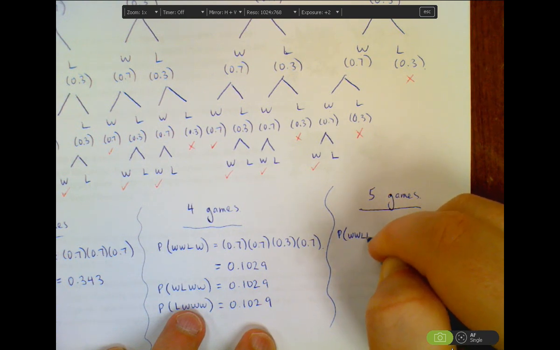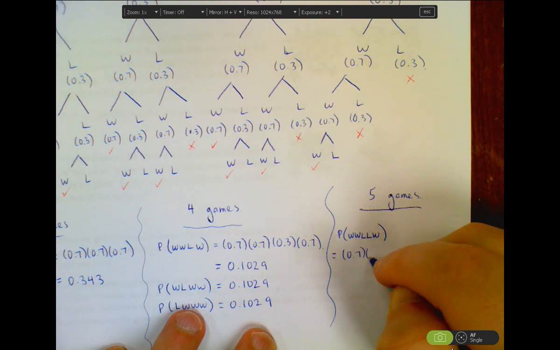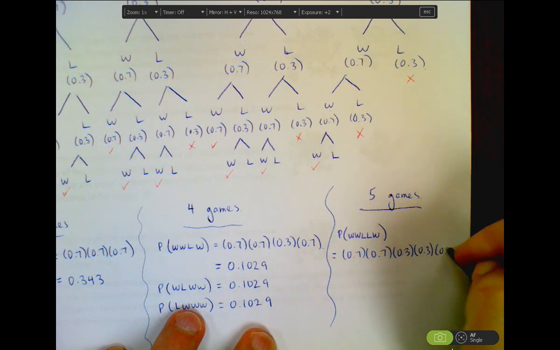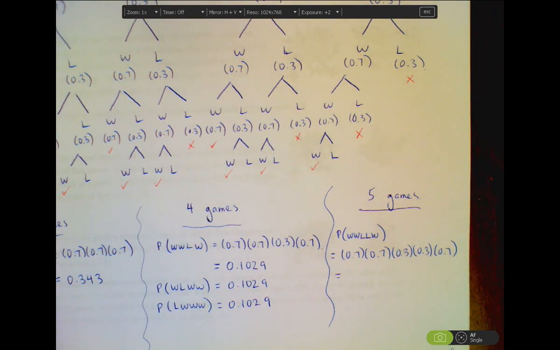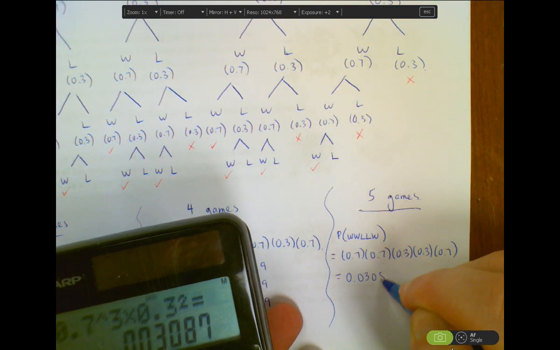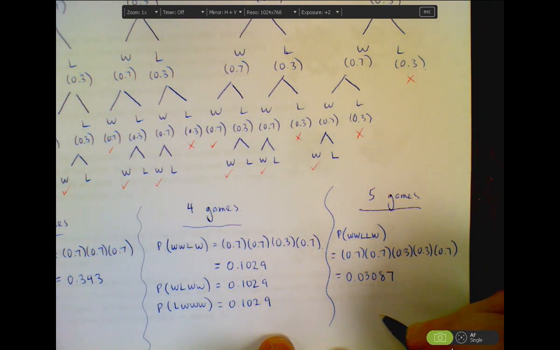I work below, so that's 0.7 times 0.7 times 0.3 times 0.3 times 0.7, or 0.7 to the power of 3 times 0.3 squared. No real need to round, let's keep things as accurate as possible. So 0.03087.